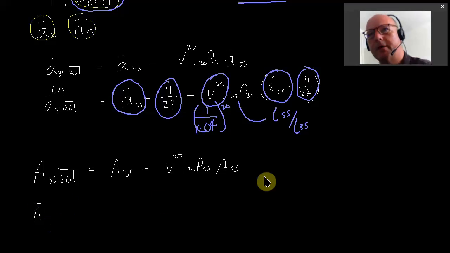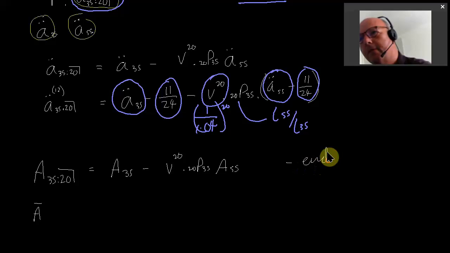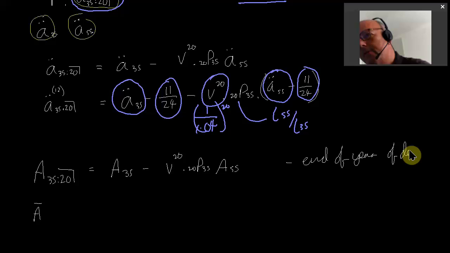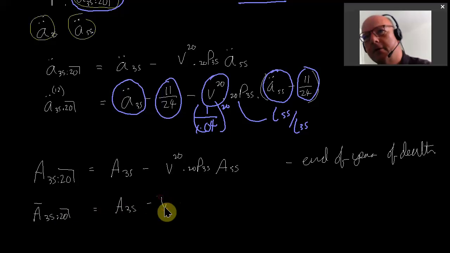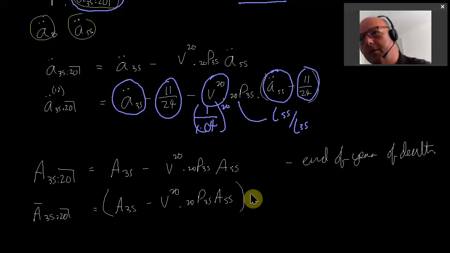So that is going to give me end of year of death. But on average, I'm going to be receiving this payment 6 months earlier than the end of the year of death. So I need to just accelerate that forward by 6 months by doing 1 plus i, which is 4% in this case, to the power of a half.